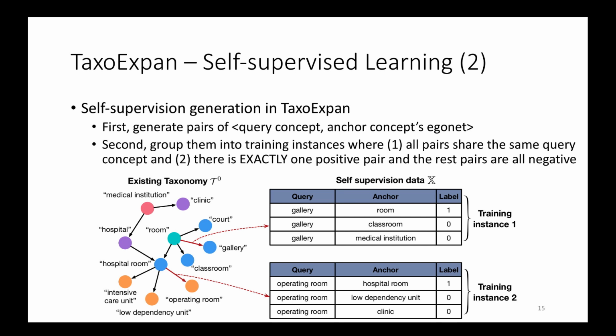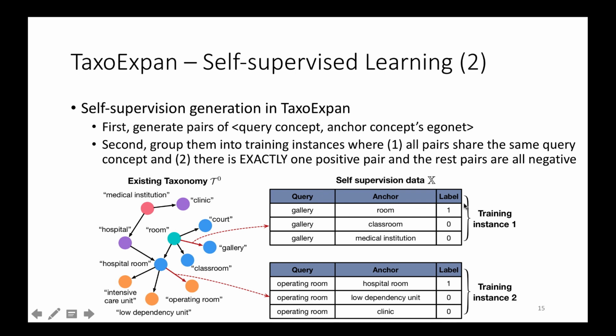All the pairs in the same training instance share the same query concept. For example, here I show two training instances. For each training instance, there are multiple pairs, and all those pairs share the same query concept.